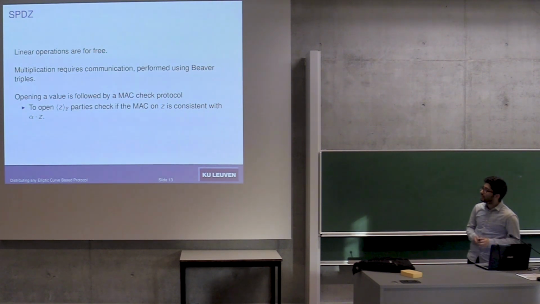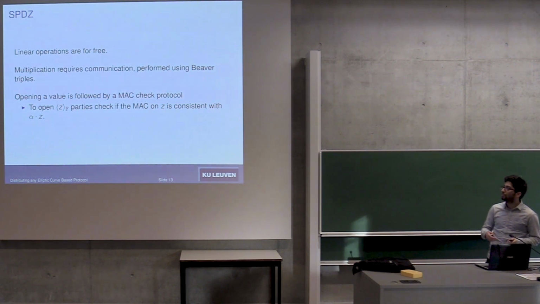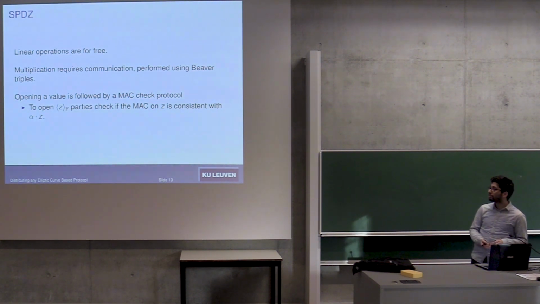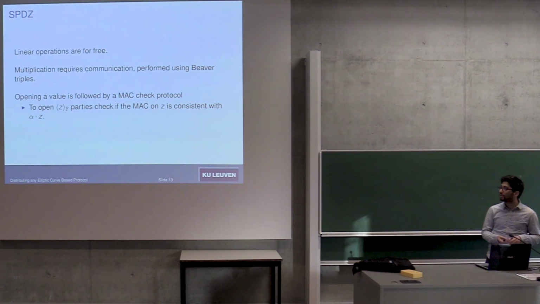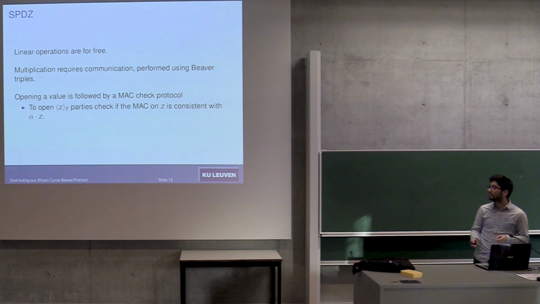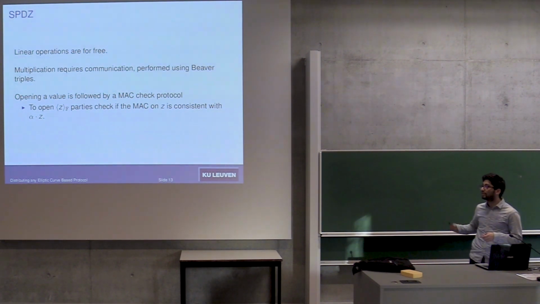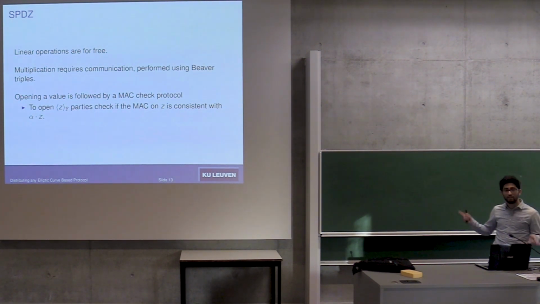Well, when a value is opened, it's followed by a MAC check protocol. Roughly speaking, during this protocol the players compute the MAC on Z two times, one time with the shares they gathered during the computation, and the second time by computing Z times their share of the MAC key, and these two values need to be the same, otherwise a party has cheated.